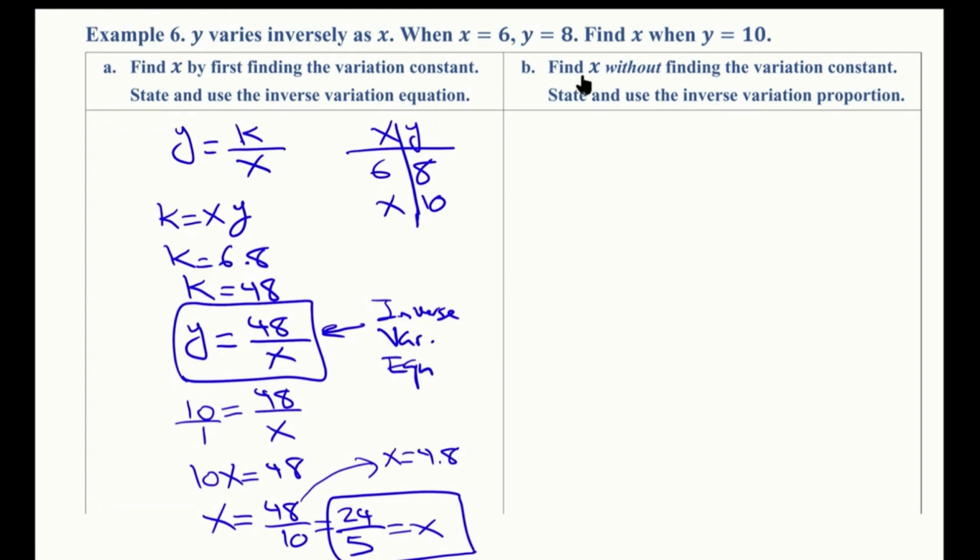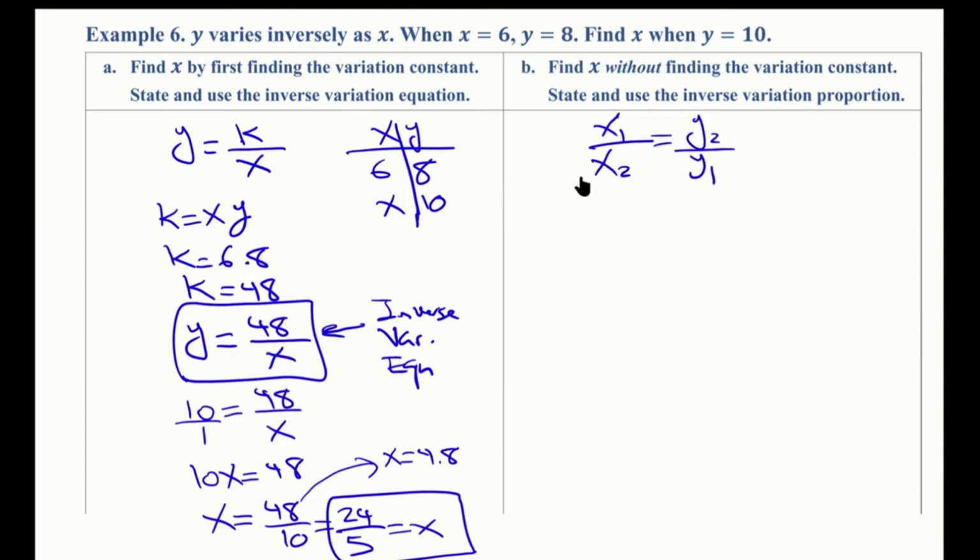Now we want to find x without finding the variation constant, okay? So remember, this is going to be easy. You just have to set up the ratio properly. So we're going to say, remember, x1 is to x2 as y2 is to y1.